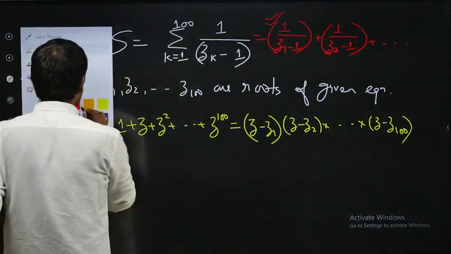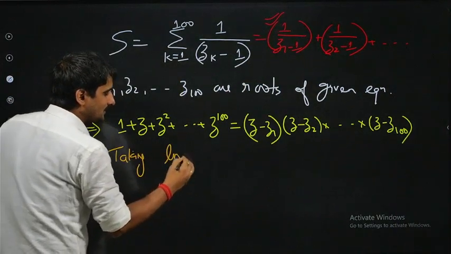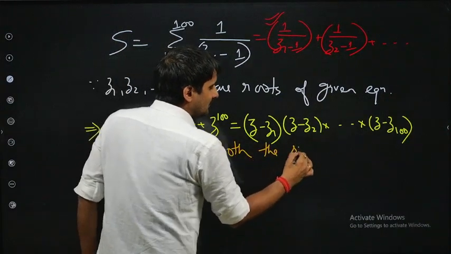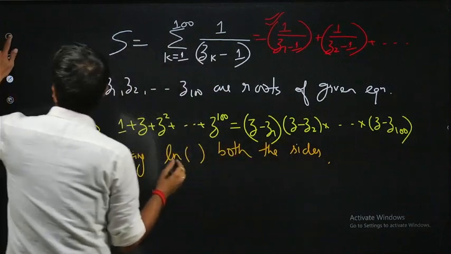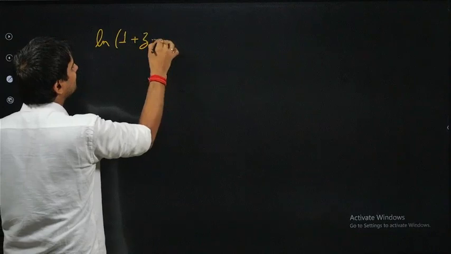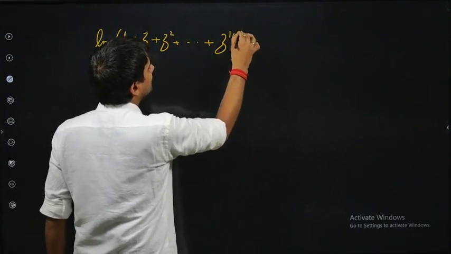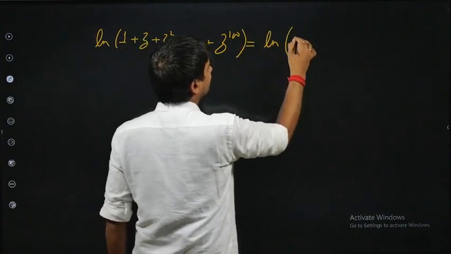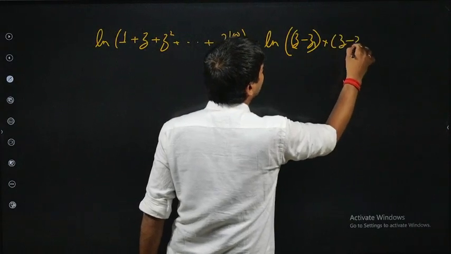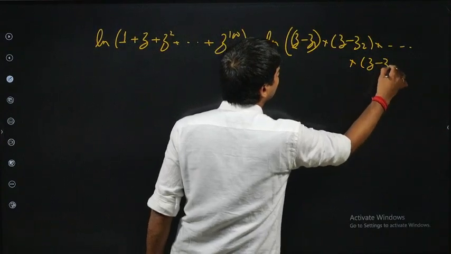So I said, taking ln, log to the base e, on both the sides, what do we get? I get here ln of 1 plus z plus z square and so on till z to the power 100, and in the RHS of course ln of z minus z1 into z minus z2 into and so on till z minus z100.